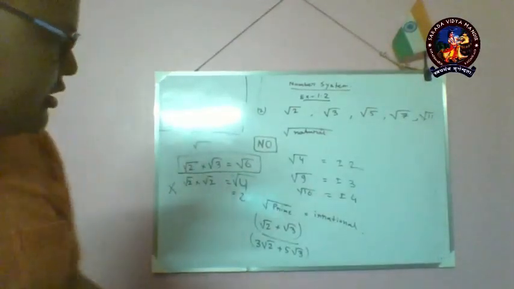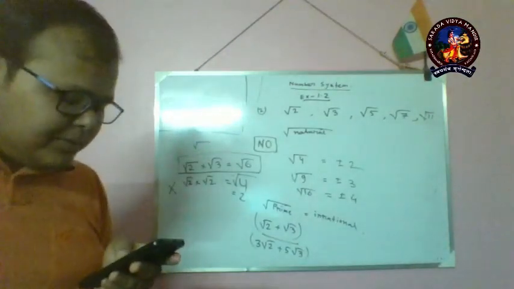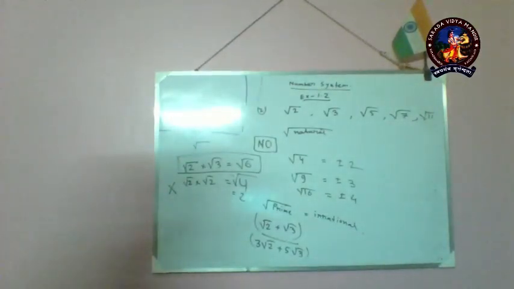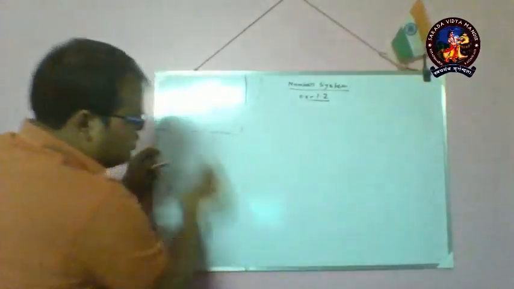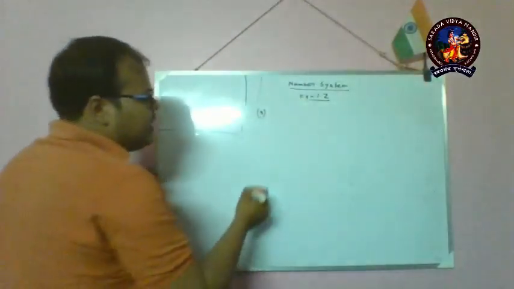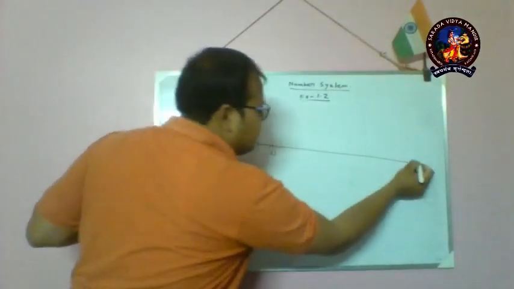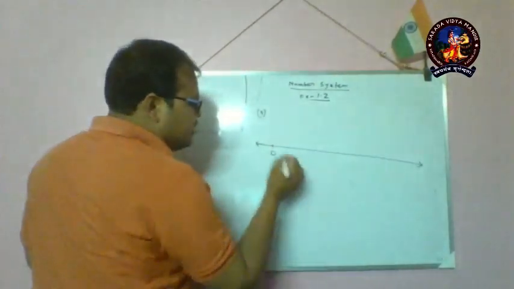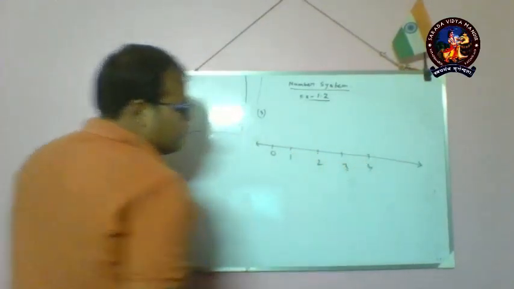Okay, next question. Show how root 5 can be represented on the number line. Okay, fine. We have to express root 5 on the number line. We have taken 0 here. The negative parts I am not showing here because we don't require them. 1, 2, 3, 4.